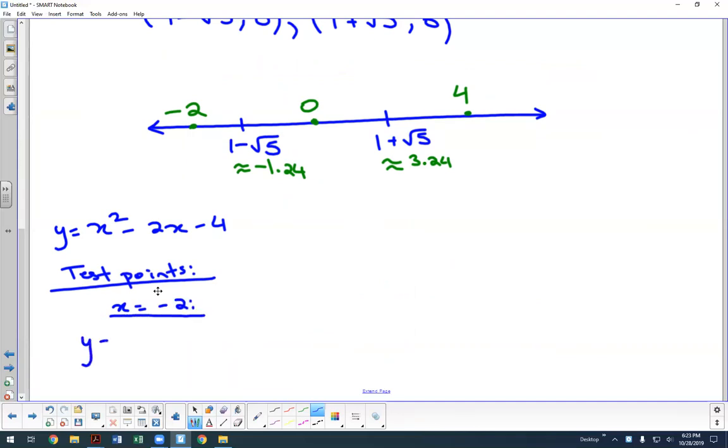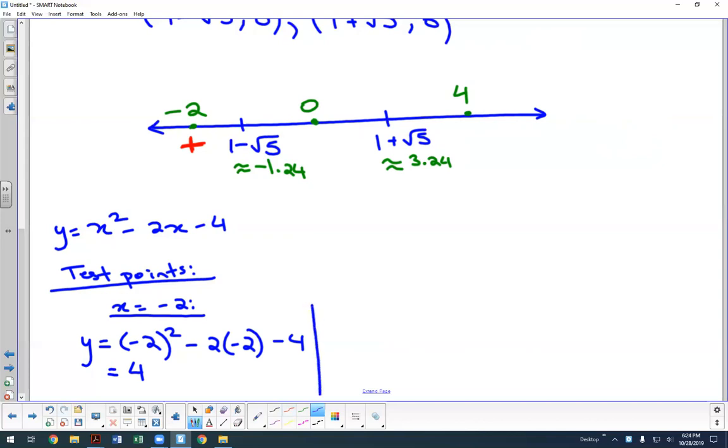That's going to be -2 squared minus 2 times -2 minus 4. What will I get? 4 plus 4 minus 4. Looks like +4, right? So +4 means in this interval, all my y values are going to be positive. That's the part that will go up if we were trying to graph this.